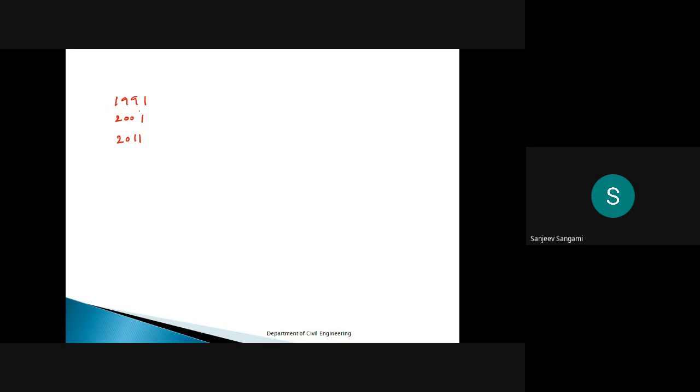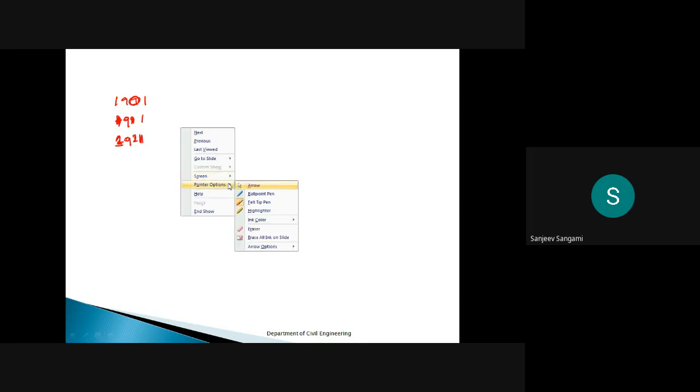So we'll write this as 1901, 1911, then 1921, or we'll write it in this way. So that is 1901, 1911 to 1921.